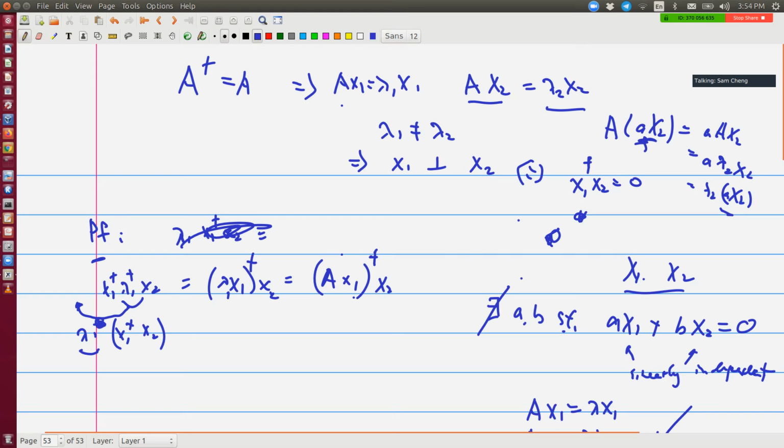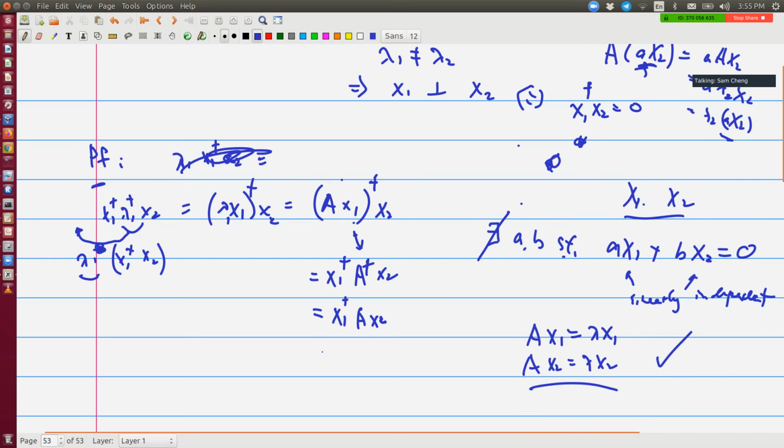On the other hand, I can write this as x1 Hermitian, A Hermitian x2. And since A is Hermitian, it's just equal to x1 Hermitian A x2, and A x2 is equal to lambda 2 x2.